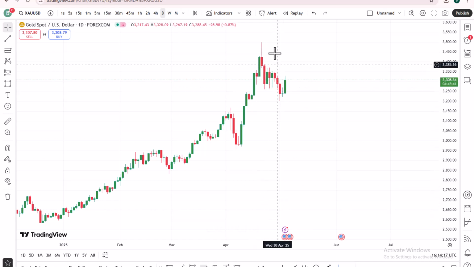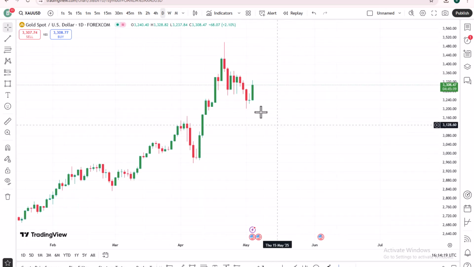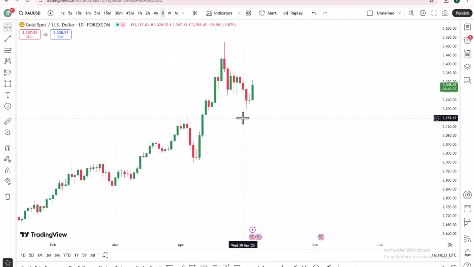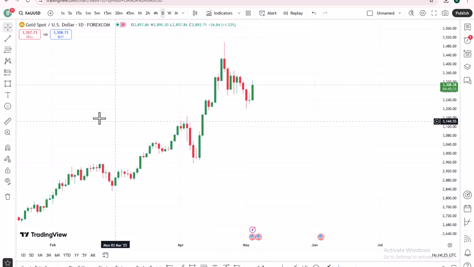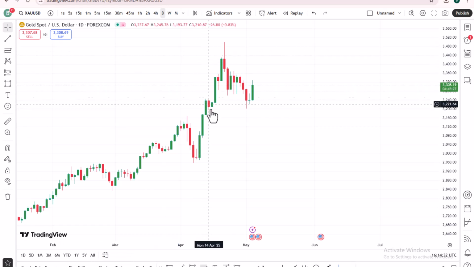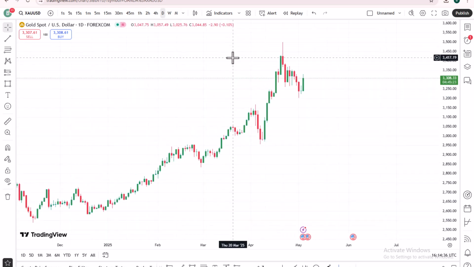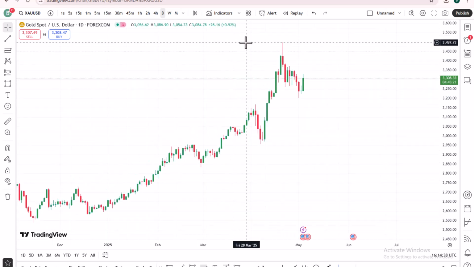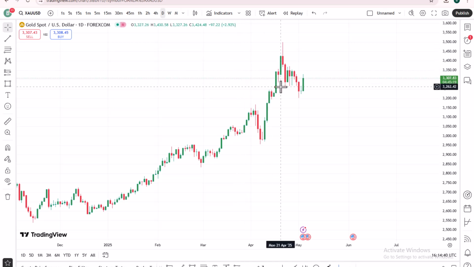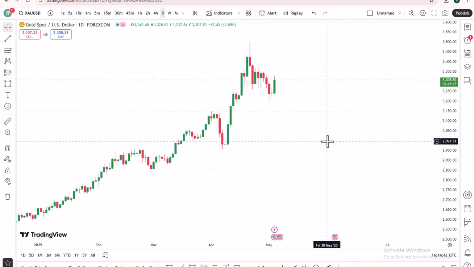Last week, or for about 2 weeks now, gold has been trending down. About 3 weeks ago it hit its highest point ever, but after that it started dropping.